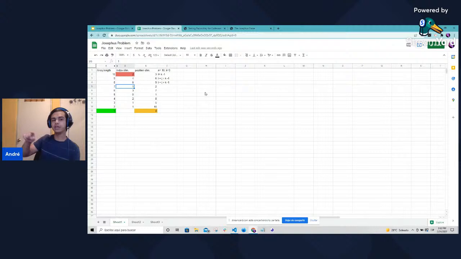So whenever you finish with the numbers of the array, you start again. So let's say that index 7 would be index 0 now, and index 8 would be index 1, and so on. So we can deduce that to get this number, whenever the array length is smaller than the index eliminated, we just take our formula, which would give us 8, and we subtract the 7. So we have 1. So here we have a condition.